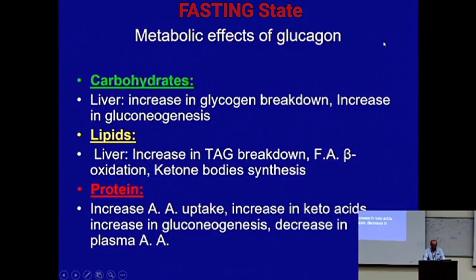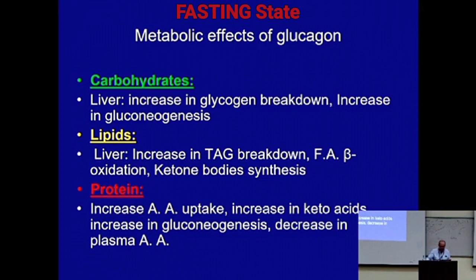Okay, so glucagon is going to have, again, its own set of effects on metabolism. The effects on carbohydrates primarily are to increase glycogen breakdown, glycogenolysis, by activating PKA, phosphorylating glycogen phosphorylase kinase, which phosphorylates glycogen phosphorylase, and that results in glycogenolysis.